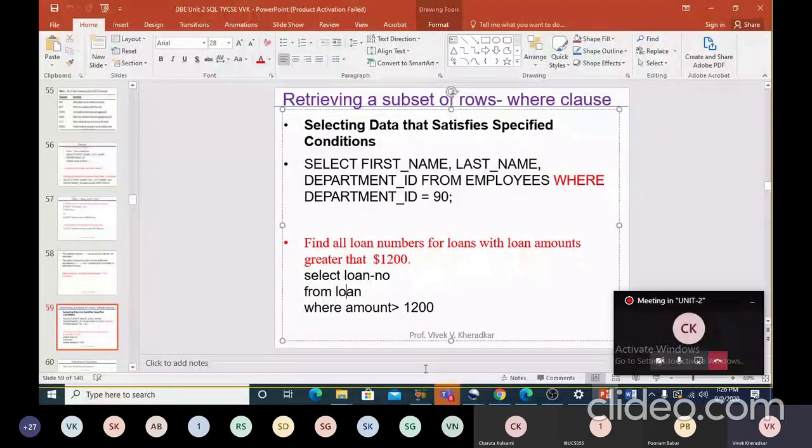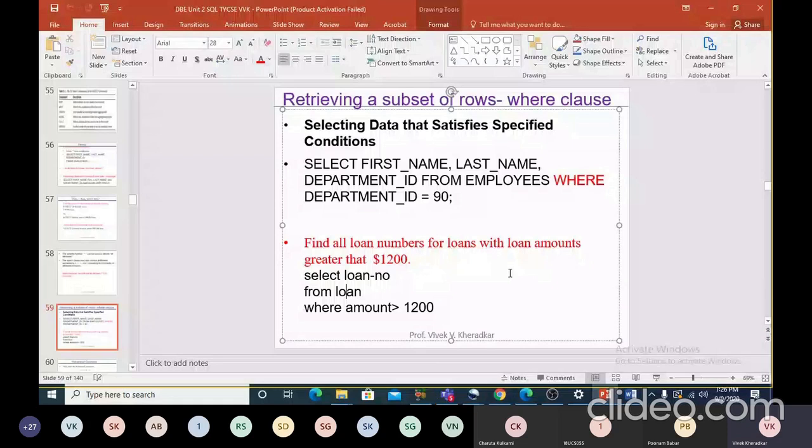Then think about the where clause. After the where clause, think about which column you want in the output result, and that column you write in the select. You always approach it this way. That is nothing but the logic. While thinking of the logic for the query, first think about from, then think about where, and then think about the select.